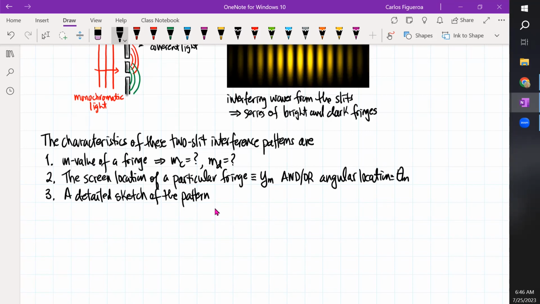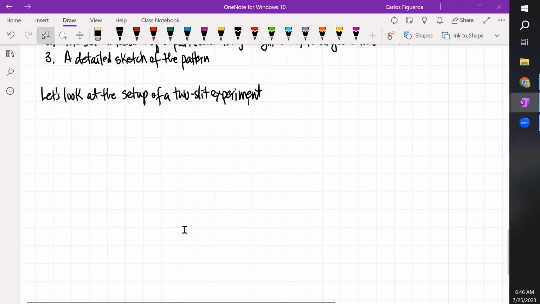So let's look at the setup of a 2-slit experiment. And this is what you'll be doing in your lab. So here's the required parameters.